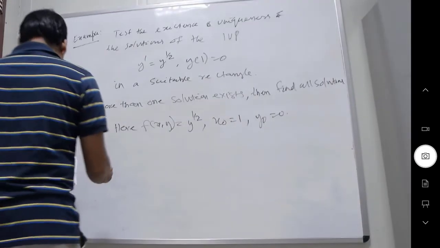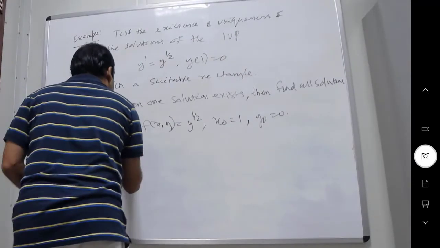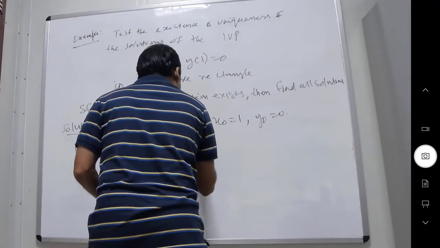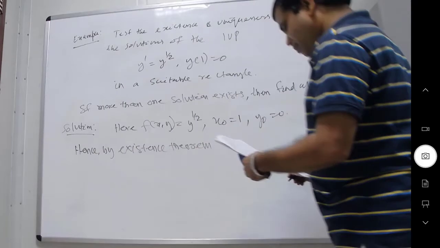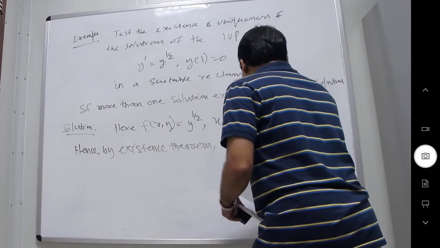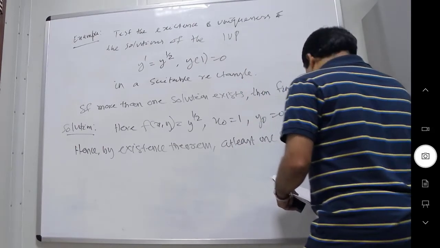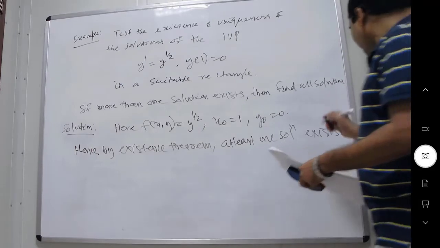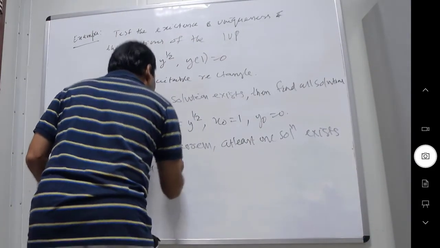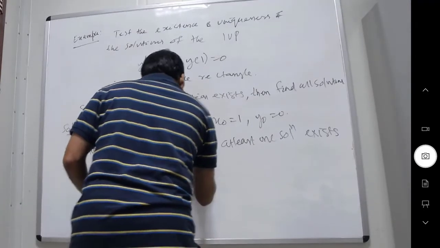Hence by the existence theorem, at least one solution exists in the interval |x minus 1| is less than or equal to h.